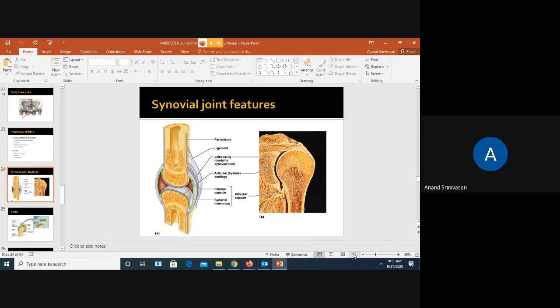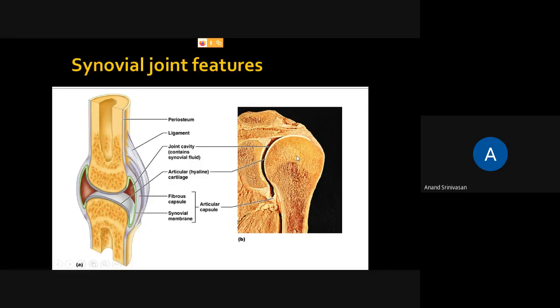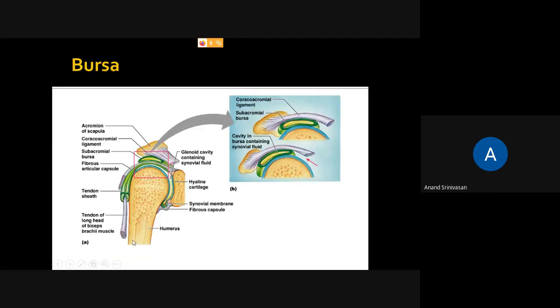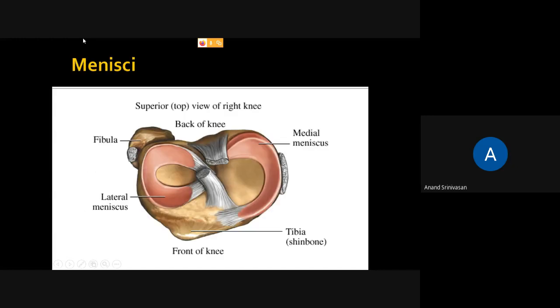So a synovial joint has articular cartilage, a synovial cavity filled with fluid, a synovial membrane and a fibrous capsule. Outside the joint, there could be certain structures called bursa or menisci.